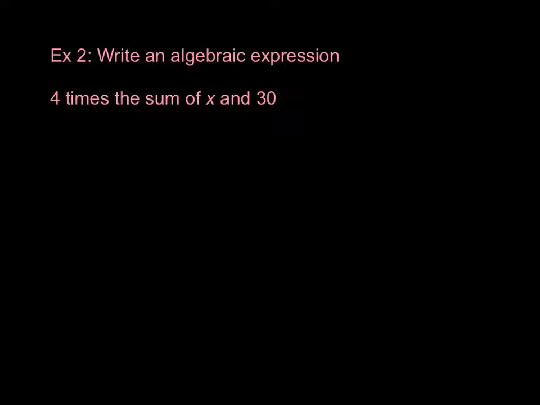4 times the sum of x and 30. So let's look for those keywords. I've got 4 times, so I'm going to do a times here. The sum, that's addition. Of x and 30. So I need to add x and 30.